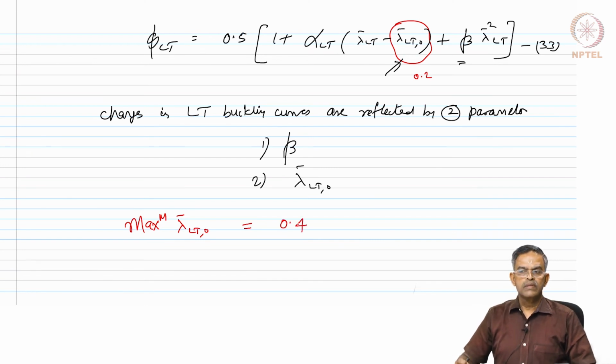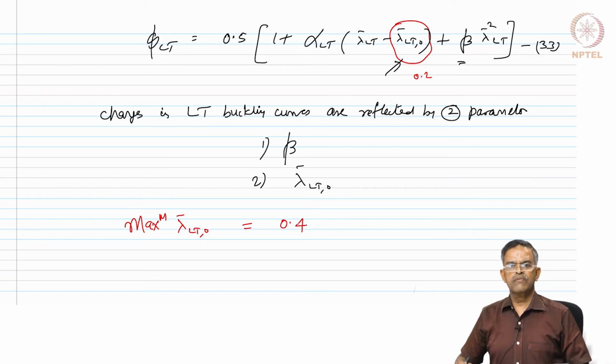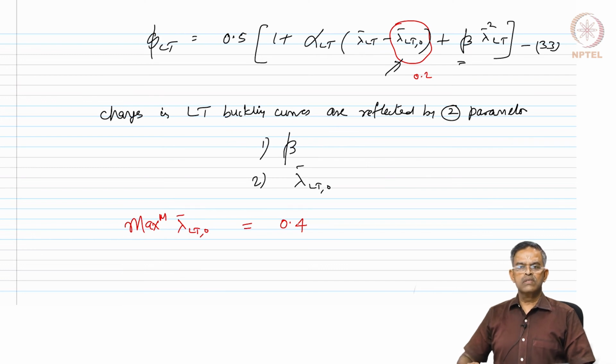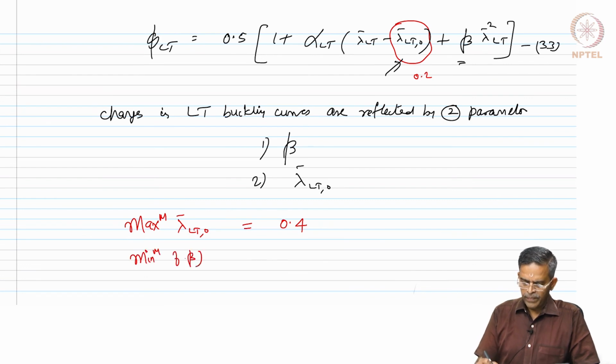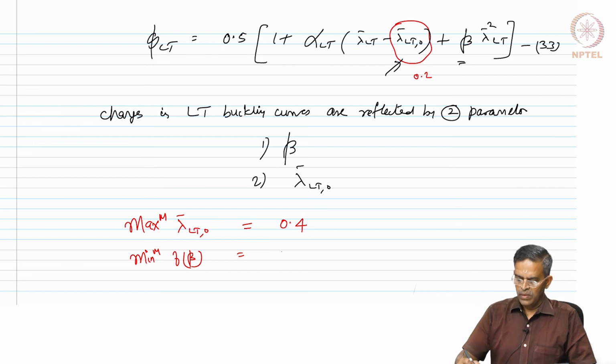Therefore, designers do not have to count on a reduction factor for lateral torsional buckling if lambda bar LT is less than 0.4, which is the plateau range. And there is a minimum value of beta recommended by the code, which is 0.75.